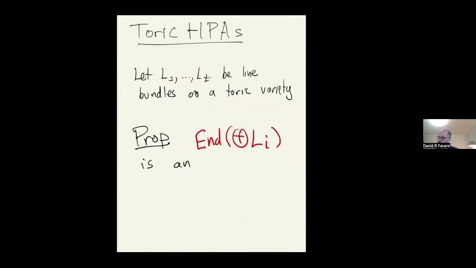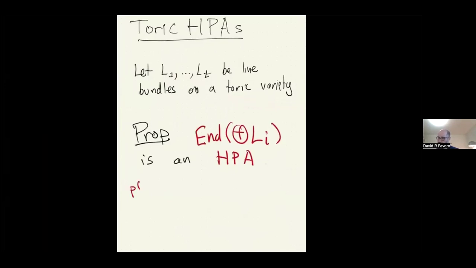So the first proposition is that this is a homotopy path algebra. So I can study it topologically. So roughly the proof is that the vertices are the line bundles and the arrows are monomials of degree Li minus Lj.